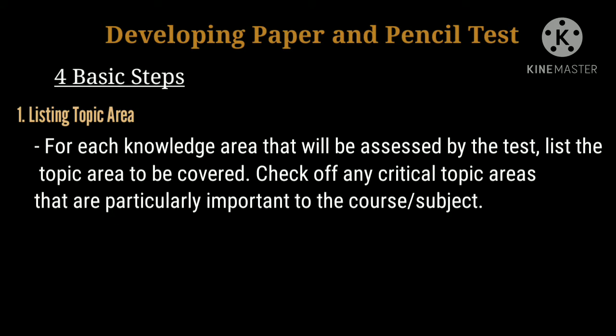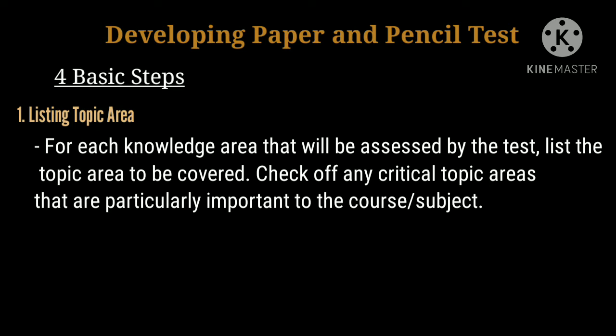Number one is listing the topic areas. For each knowledge area that will be assessed by the test, list the topic areas to be covered. Check off any critical topic areas that are particularly important to the course or subject.